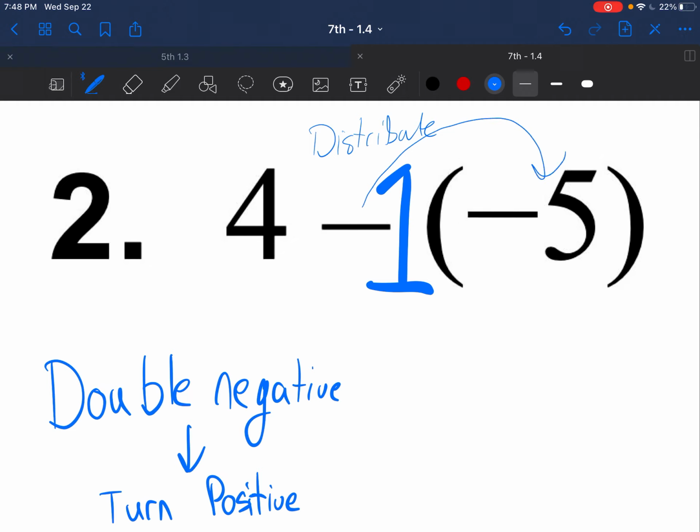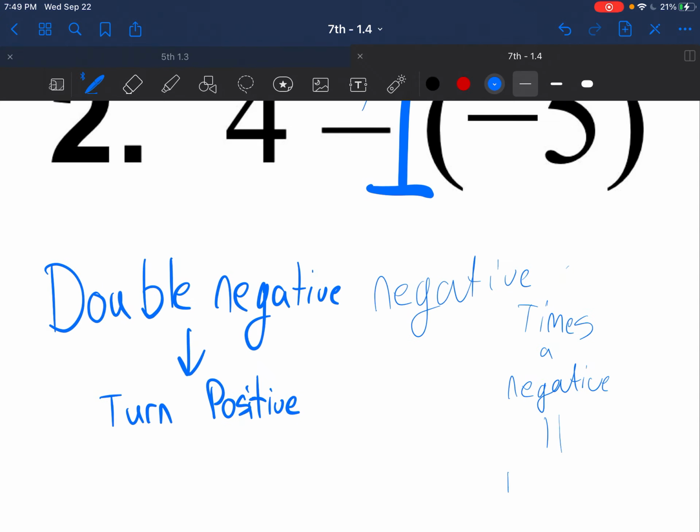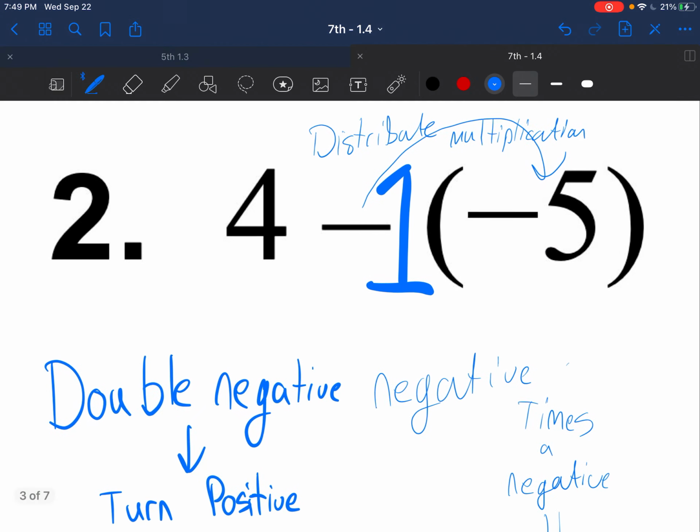Whenever we distribute, we know that is multiplication, and a negative times a negative is going to give you a positive. So negative 1 times negative 5 is going to give you positive 5.